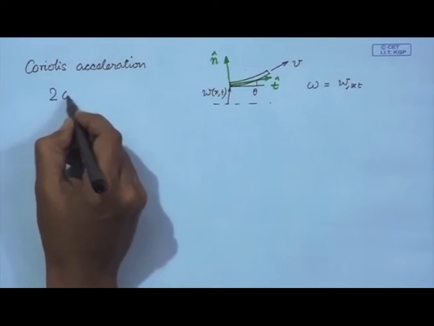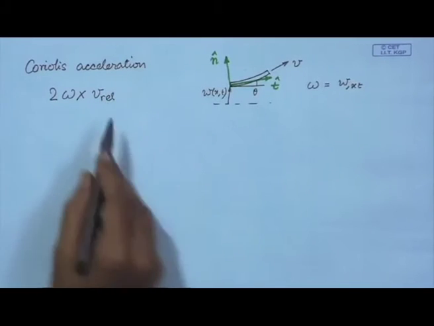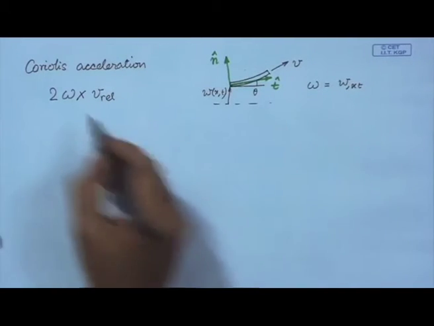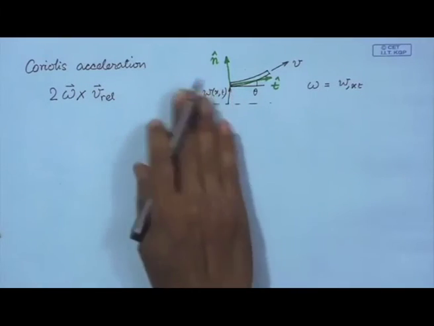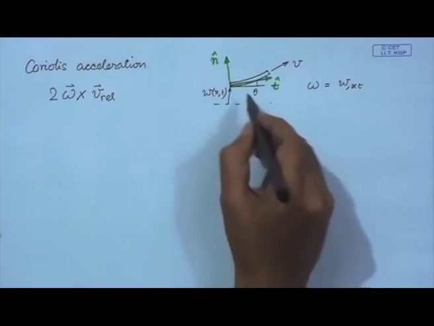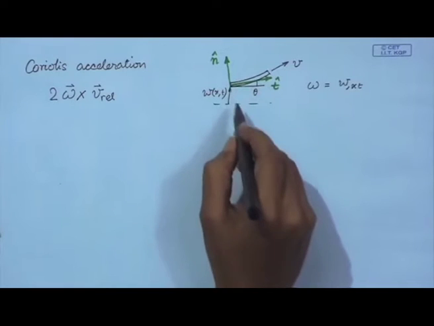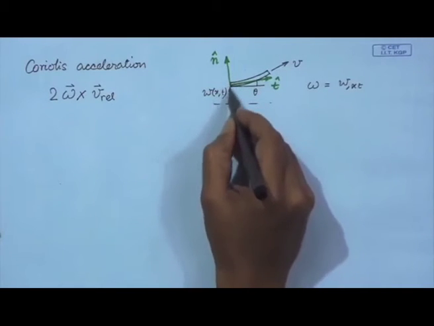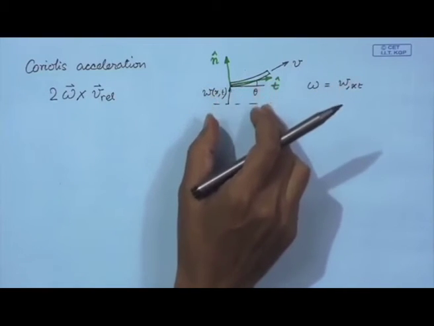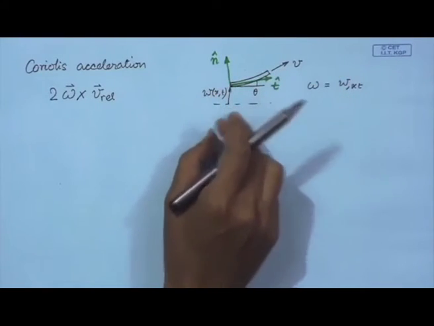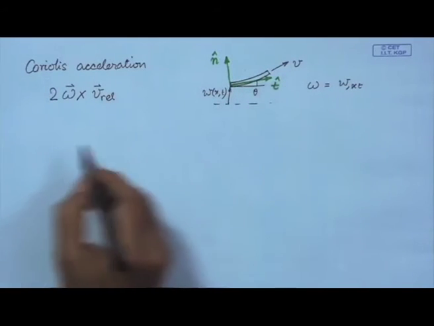normally we write 2 omega cross V rel. So, omega is a vector which is perpendicular to the plane of this paper, and V rel is the relative velocity with respect to this frame, which is at a location x. So, this frame is only giving the orientation, but it is located at x, it is not moving with the string. So, relative velocity is nothing but v.